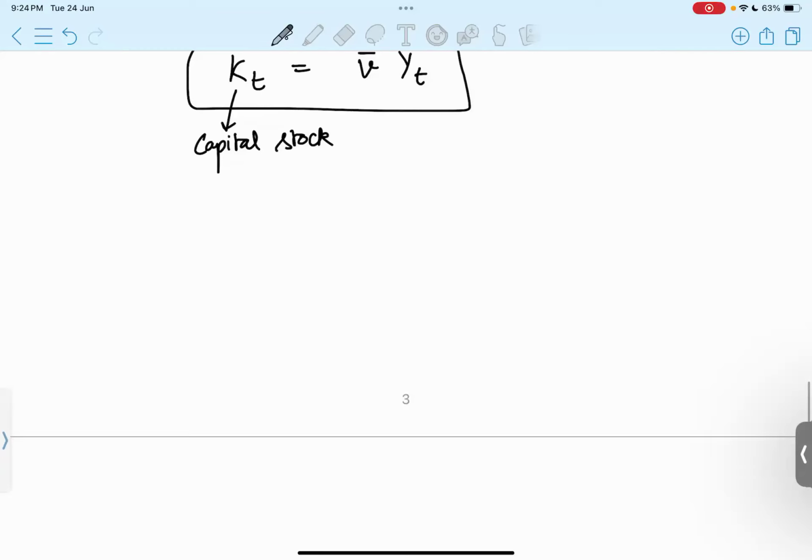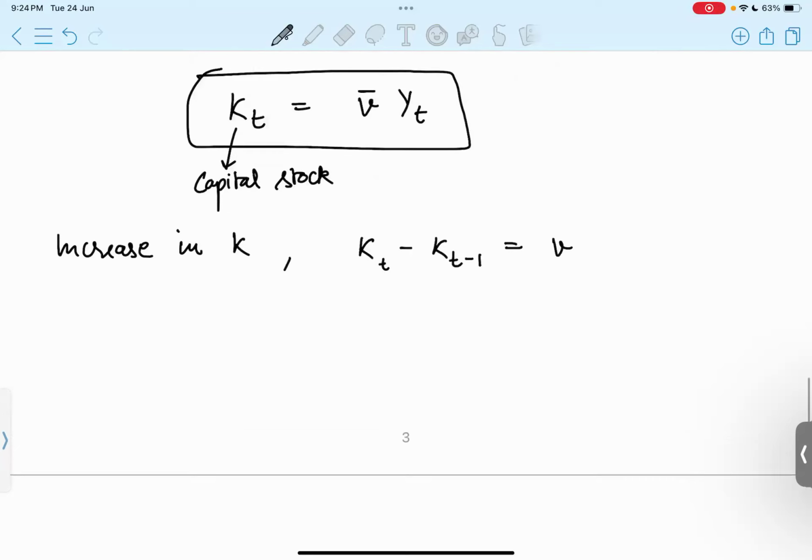And the increase in capital stock can be represented as the capital stock in time period t minus the capital stock in time period t minus 1. So this becomes the change which happens in the capital stock. And since v is constant, again it is output in time period t minus output in time period t minus 1.